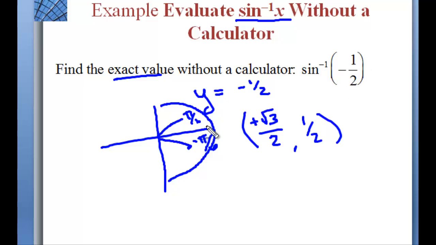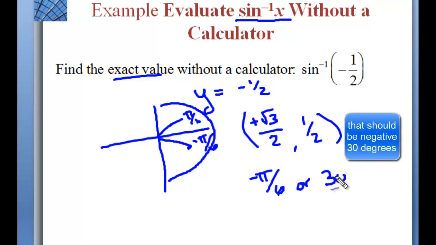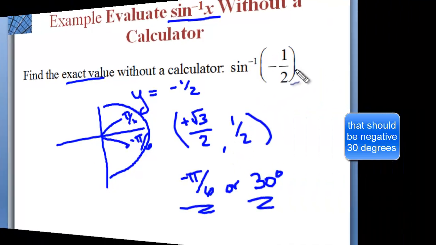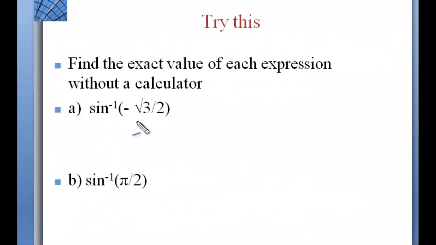Exact value is either negative pi over 6 or 30 degrees, depending on whether we're asking for radians or degrees. So think about these two. Where is sine inverse of negative square root of 3 over 2? And when is the arcsine pi over 2? Draw some pictures, draw some unit circles, see if you can figure them out.